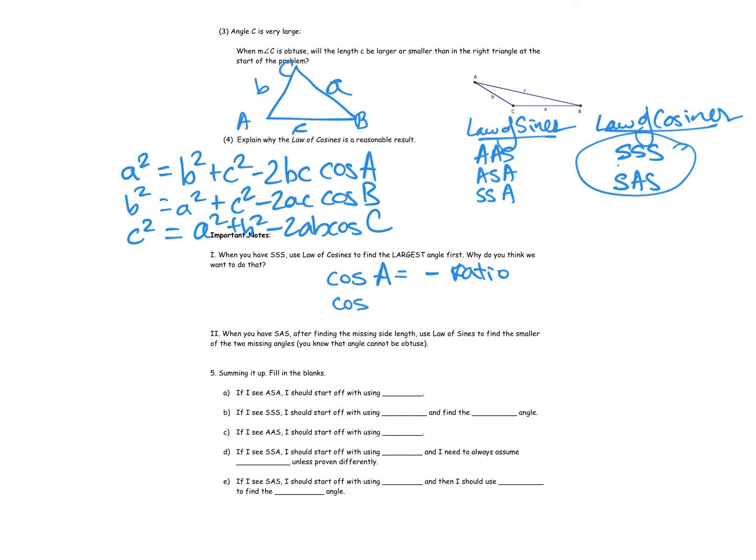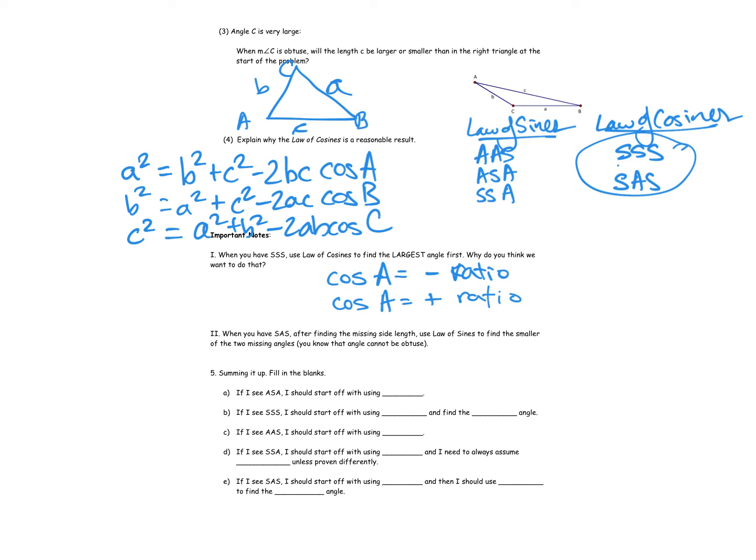Whereas if cosine of A is a positive ratio, then angle A will be acute. So by finding the largest angle first with SSS, I don't have to worry about missing an obtuse angle if there is one. If there is one, the largest angle will be it, and it will come out using the law of cosines. So again, when you have SSS, find the largest angle first.